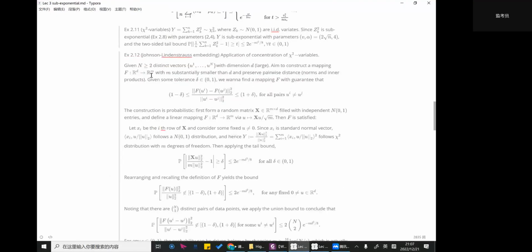So we assume that we have n larger than 2 distinct vectors.